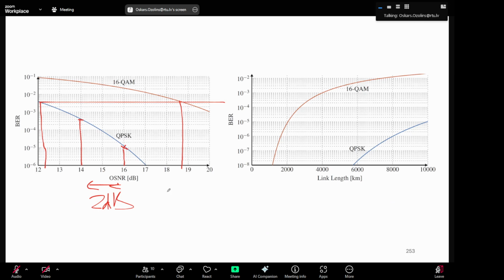And also here you can see that until hard FEC somewhere here, we can transmit maybe close to 6,000, below 6,000 kilometers. But with QPSK, we can go even well beyond 10,000 kilometers.